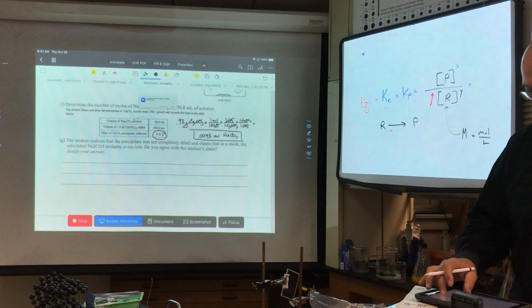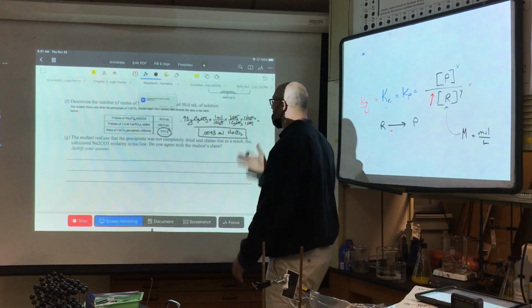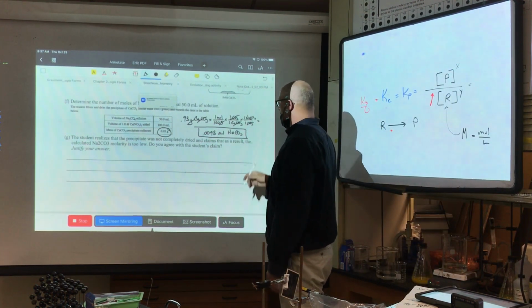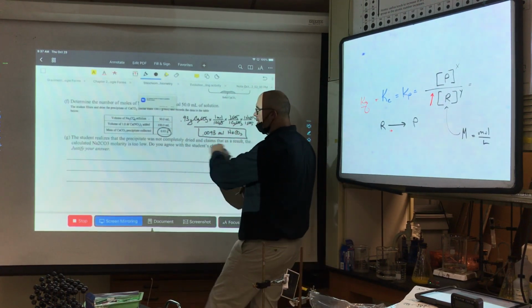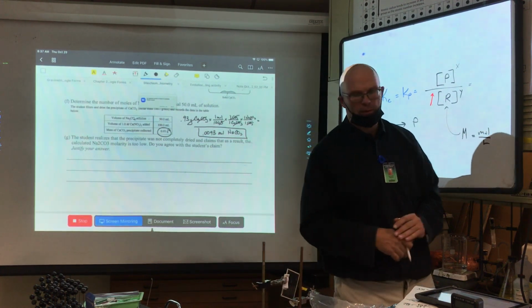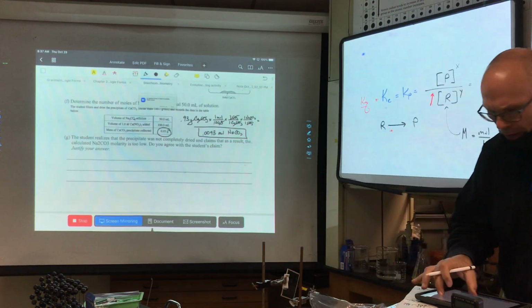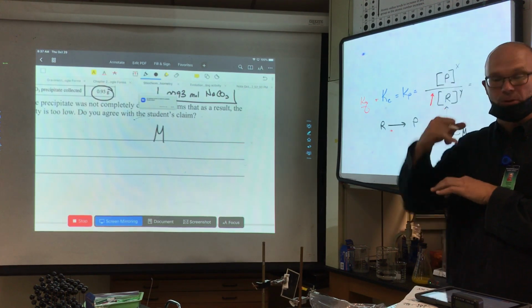Okay, G, the student realizes that the precipitate was not completely dry and claims that as a result, the calculated sodium carbonate molarity is too low. Do you agree or disagree? Now, molarity. What is molarity? It's big M, it's not fancy. Fancy M is molecular mass, pinky up when you write it.